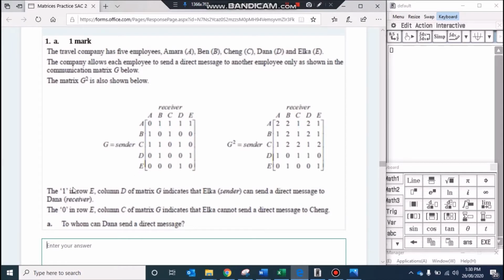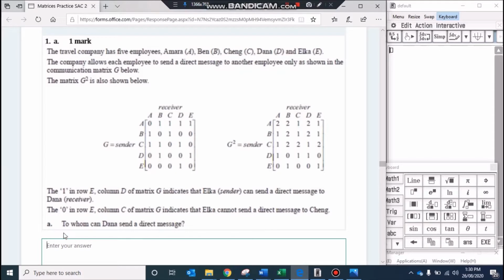So for example, a 1 in row E column D, so this one here, means that Alka, as the sender, can send a direct message to Dana, the receiver. But a 0 in row E column C means that Alka, as the sender, cannot send a message directly to Cheng.